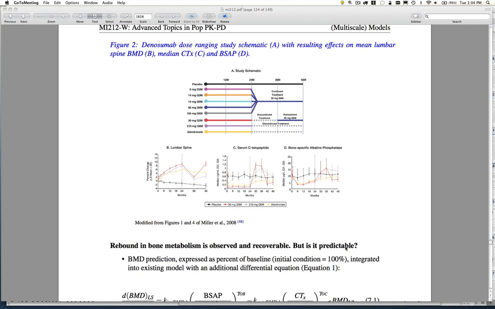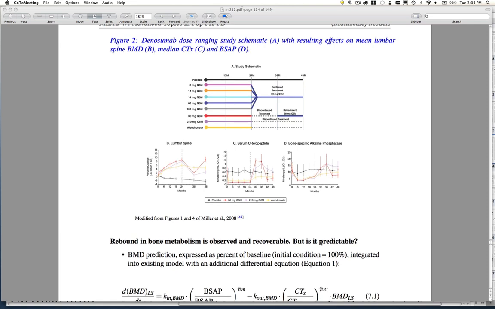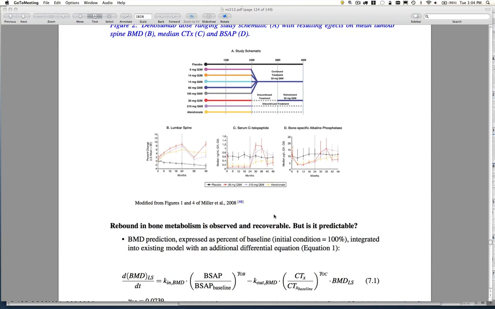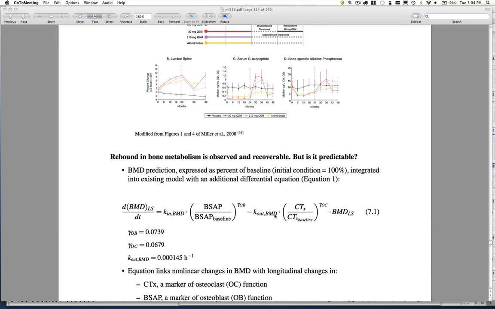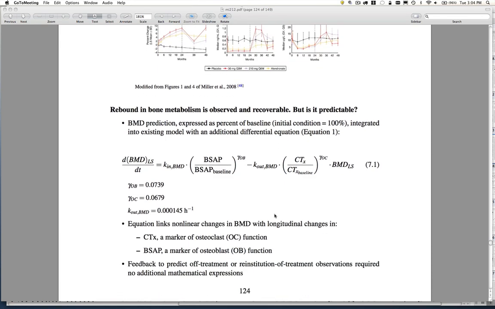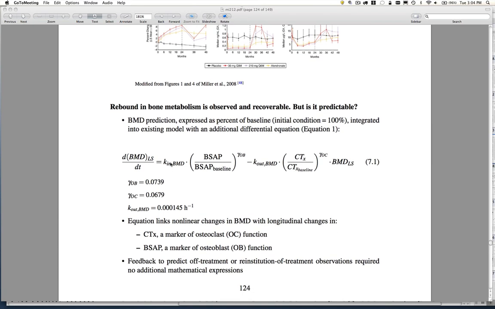Is it predictable? In this case, in fact, it was, because we had the appropriate description of the underlying physiology and the appropriate model structures to be able to account for and capture those. The next question was, can we actually use these markers to predict?